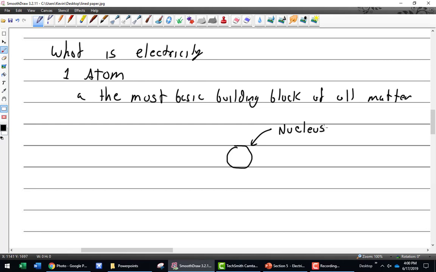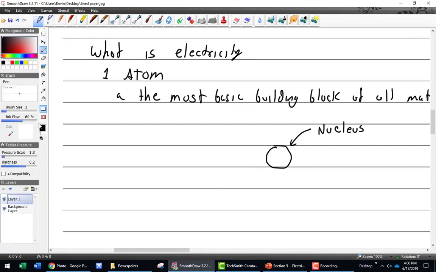Inside the nucleus, we have a couple of things. We're going to say we have a proton. We'll give it 2 protons. And we have something called a neutron.